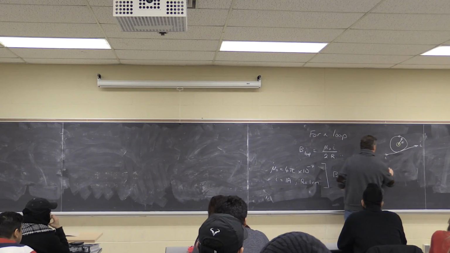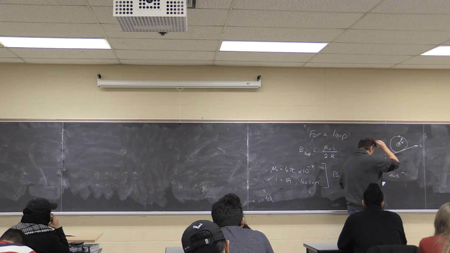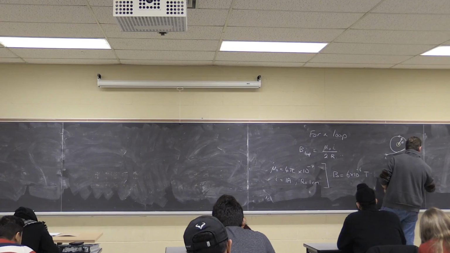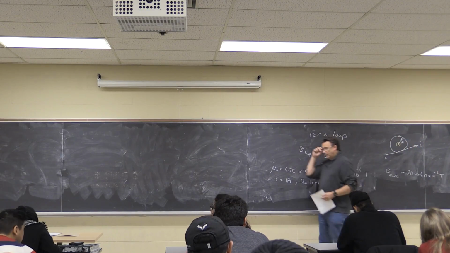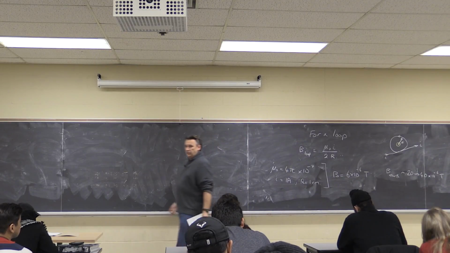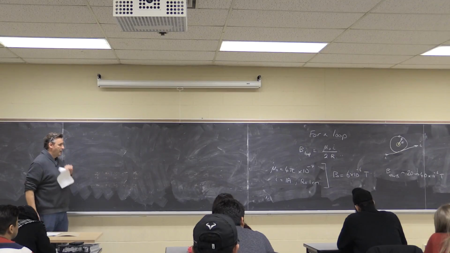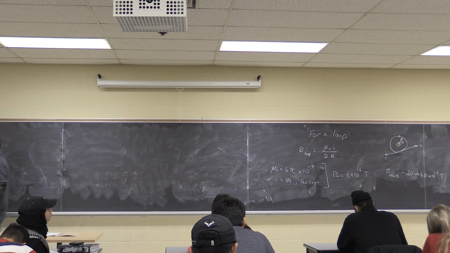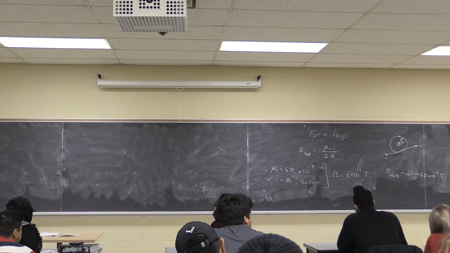So B for the Earth is of the order of 20 to 40 times 10 to the minus 6 Tesla. It depends where you measure, and it also depends on the orientation, so there's a range there. So a large current through a wire is still producing a magnetic field that's small compared to the Earth. So what could we do?